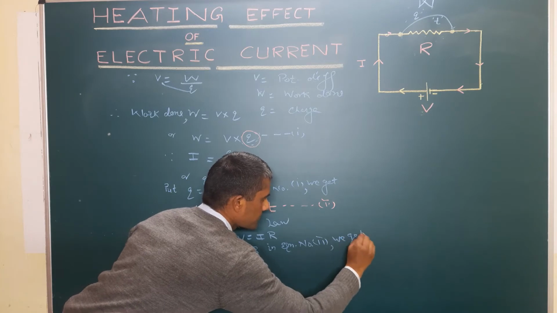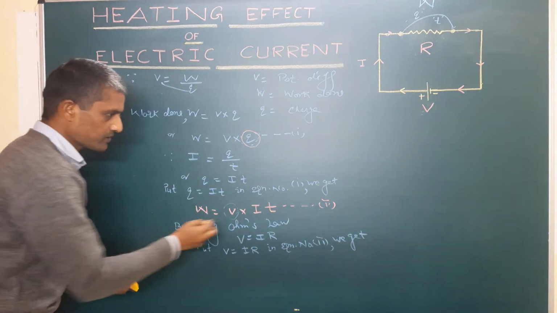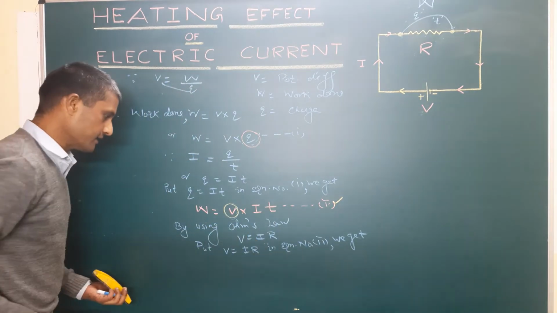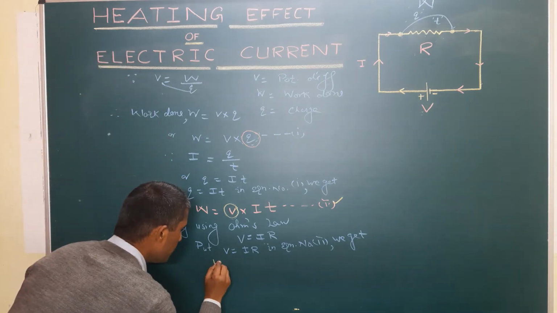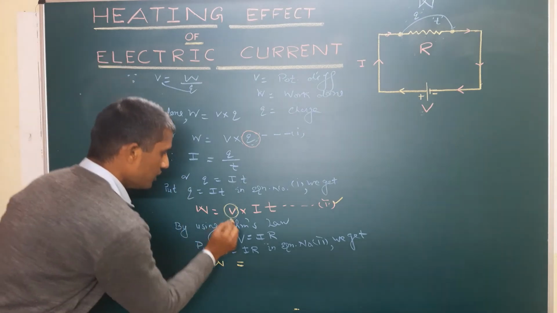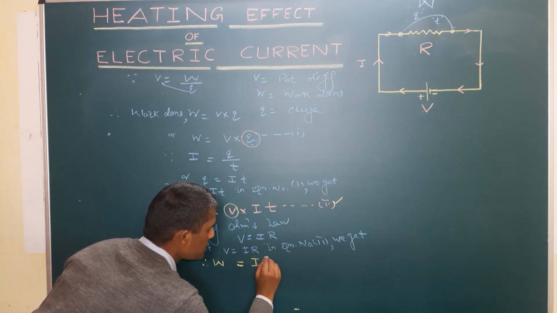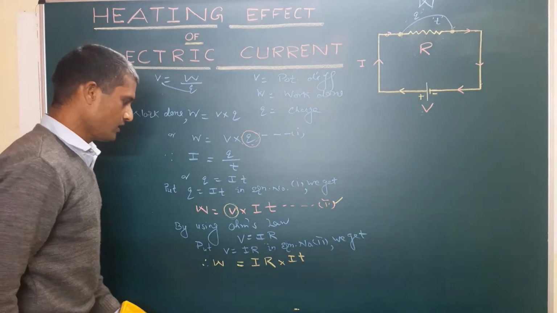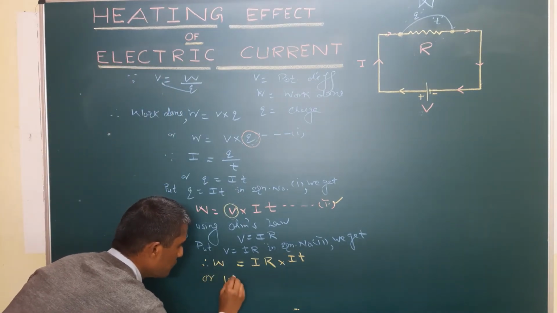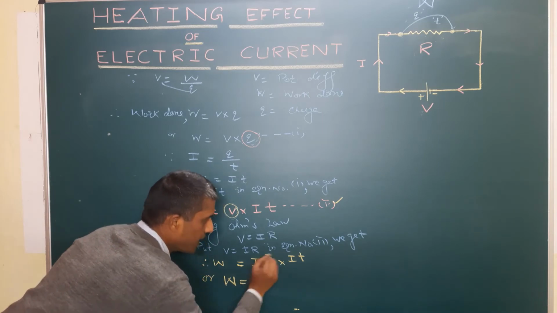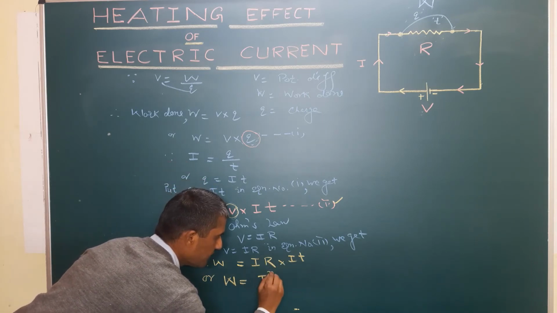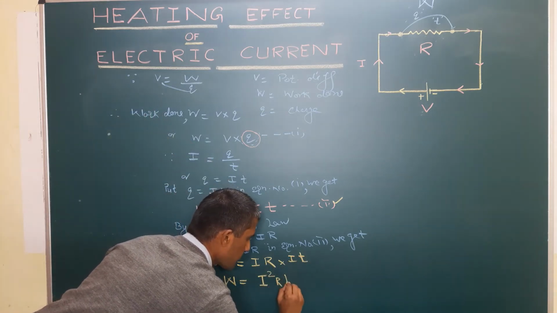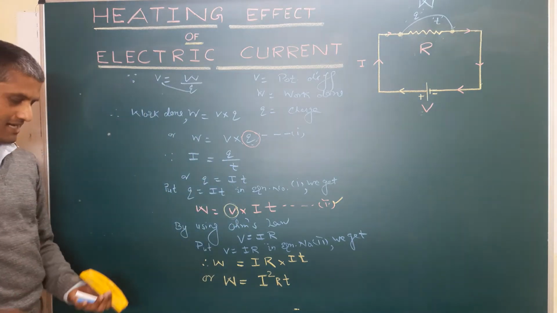In place of V, we are going to put IR. So equation number 2 becomes W is equal to IR, and the rest remains the same, that is IT. Or W is equal to I into I, that is I square, and RT. W is equal to I square RT.